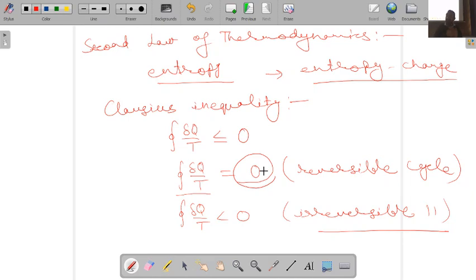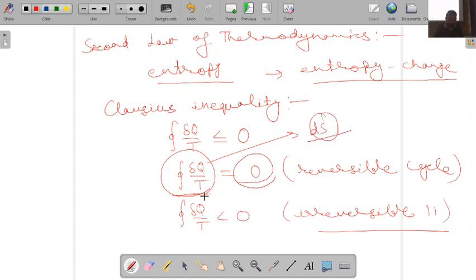For a cyclic process, any quantity equal to 0 is nothing but a property of a system, because initial and final state are same. If initial and final state are same, the property values at initial and final states will be same, and change in property will be 0. So if anything is becoming equal to 0, I can designate that thing as a property of the system. So that change we designate as our ds.